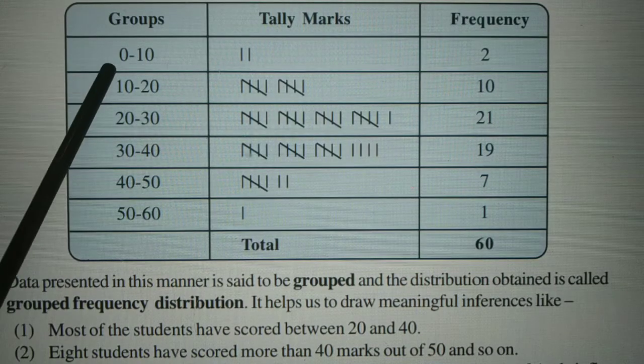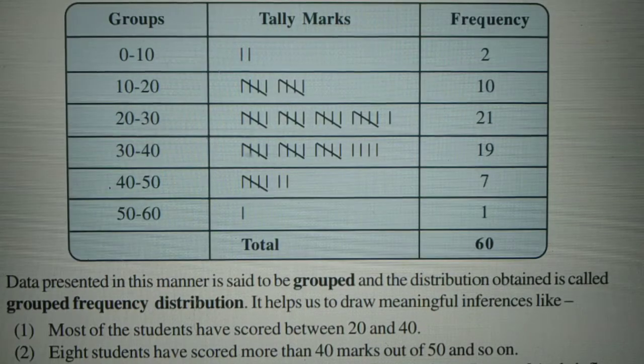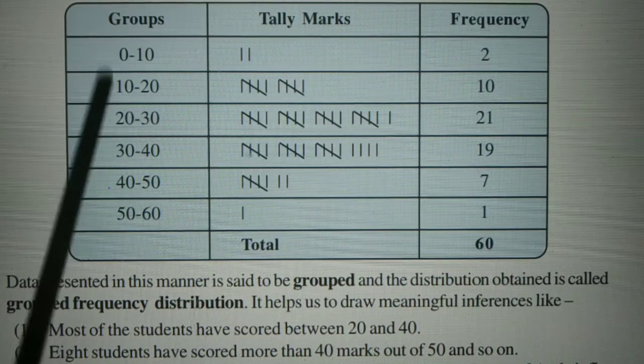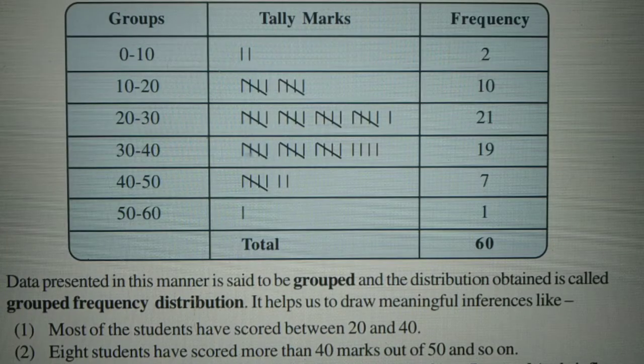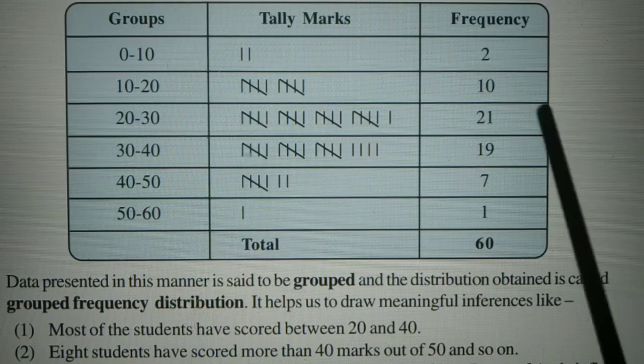So how many students have marks between 0 to 10? Only 2 students. So in place of many columns, 10-wide groups are made, and in one column we can give how many students. Only 2 students. Between 10 to 20 we have 10 students.